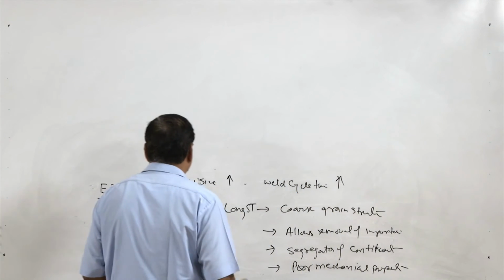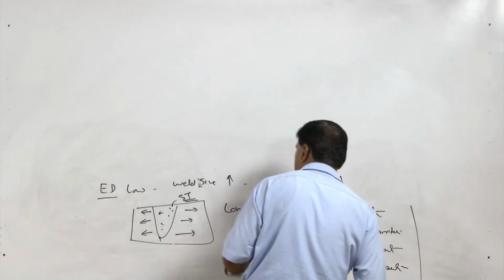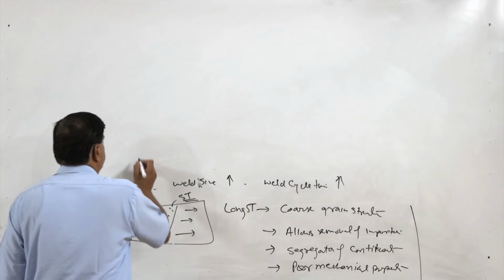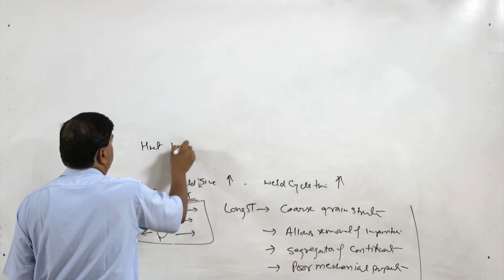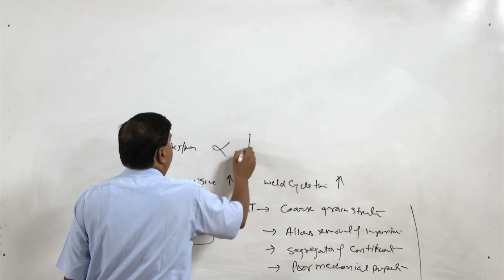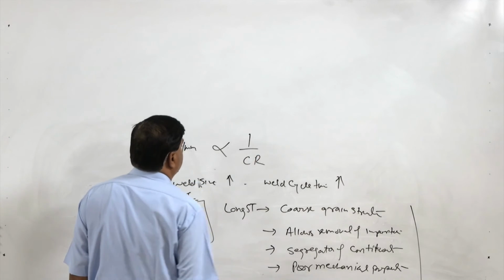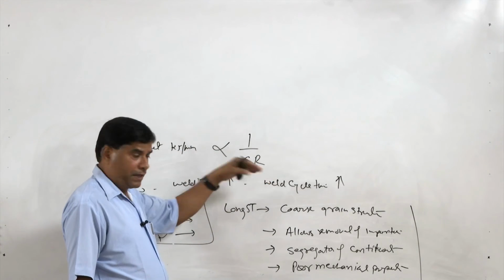So the solidification time is linked with a number of things, and it is related to the heat input. H net, basically the heat input in, say, kilojoule per mm, directly affects the cooling rate, and it is inversely proportional. Higher the heat input, lower will be the cooling rate.